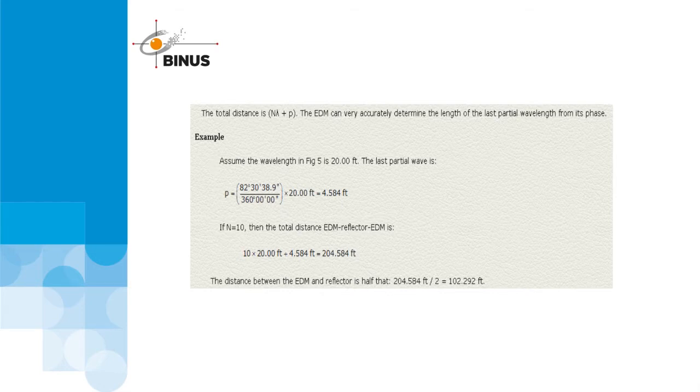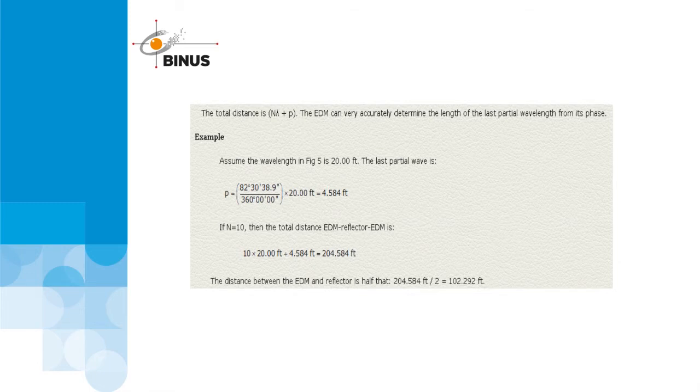Hence, if the total number of full wavelengths is 10 plus the partial wavelength, the total distance of EDM to reflector to EDM is 10 multiplied by 20 feet, plus 4.584 feet, which is 204.584 feet.